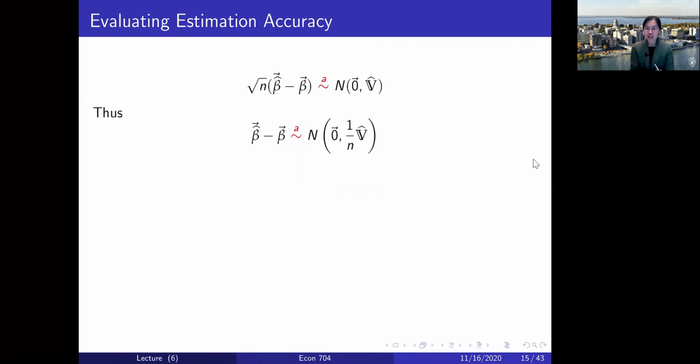Now to evaluate estimation accuracy, notice that root n (beta hat minus beta) is approximately normal with mean zero and variance v hat. That means beta hat minus beta, which is this random vector divided by root n, is approximately normal with mean zero and variance v hat divided by n.